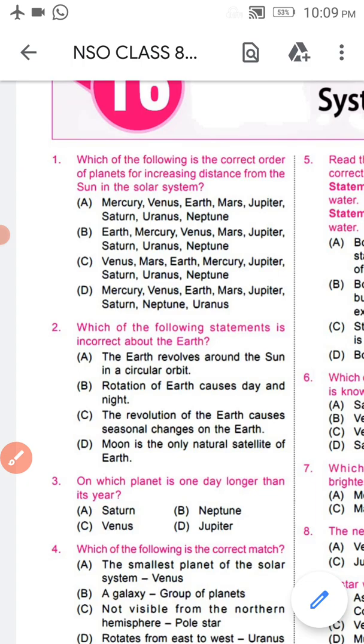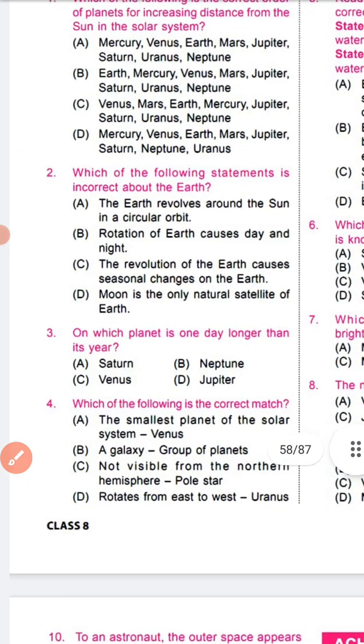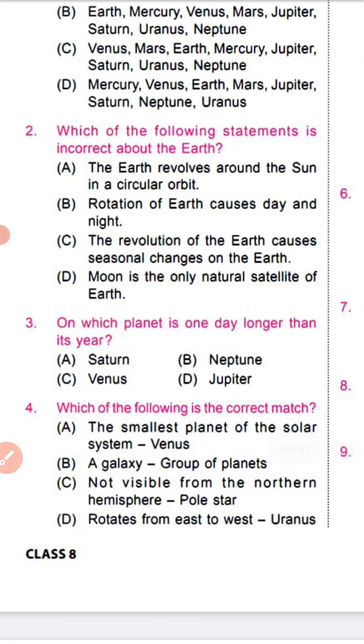Now come to question number 2. Which of the following statements is incorrect about the Earth? So, the Earth revolves around the Sun in a circular orbit. Number 2, rotation of Earth causes day and night.